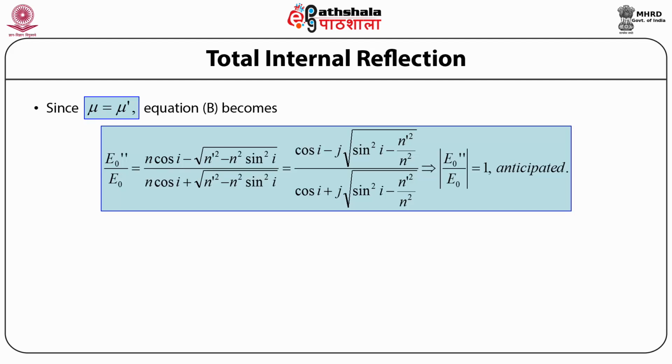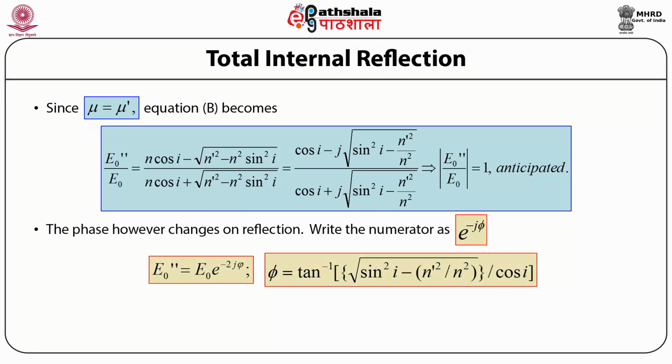The reason being that since there is no flow of energy, all the energy gets reflected back into the same medium. However, the phase changes on reflection, and we can write the numerator as e to the power minus j phi. Then the amplitude of the electric field of the reflected wave is equal to the amplitude of the electric field of the incident wave times exponential to the power minus twice j times phi, where j is equal to under root of minus 1 and phi is the phase change.